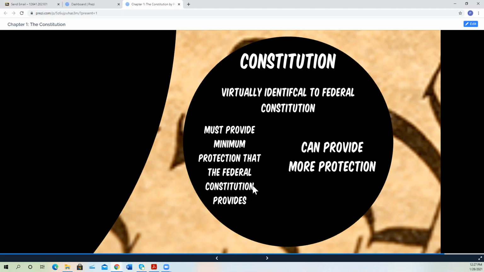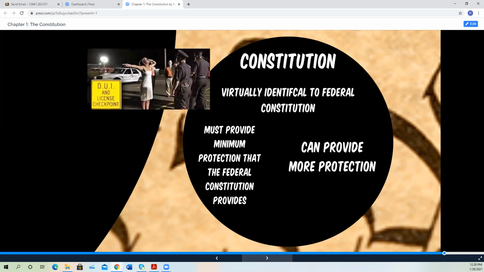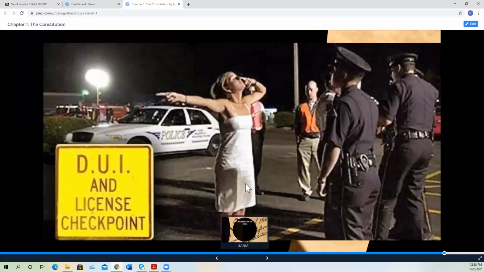So the state may say that even though the federal government thinks that this does not violate your Fourth Amendment rights, under our Constitution, we think it violates our Fourth Amendment in our Constitution. So the best way I can really show that is by example.